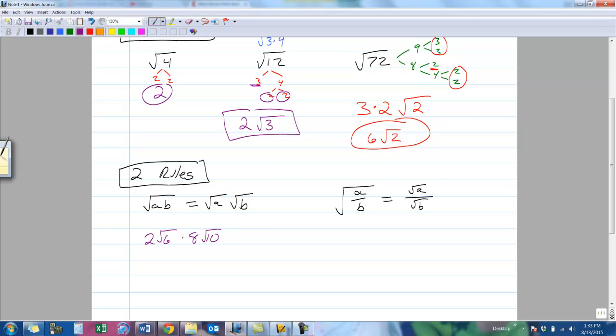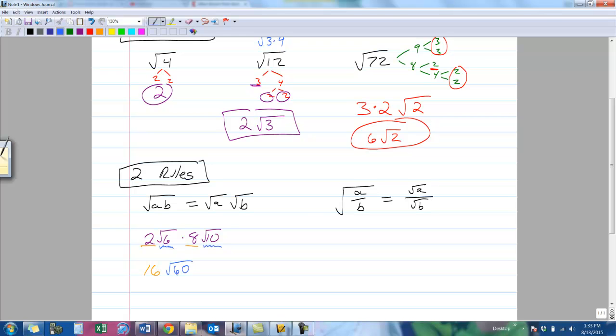First thing, we're going to multiply our regular numbers. 2 and 8 are just our regular numbers. 2 times 8, of course, is 16. But then we can also multiply the radicals. Root 6 times root 10 is root 60.